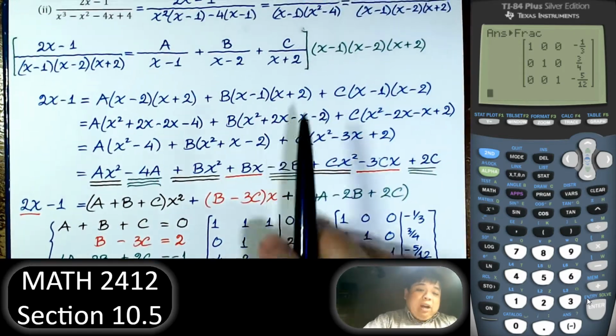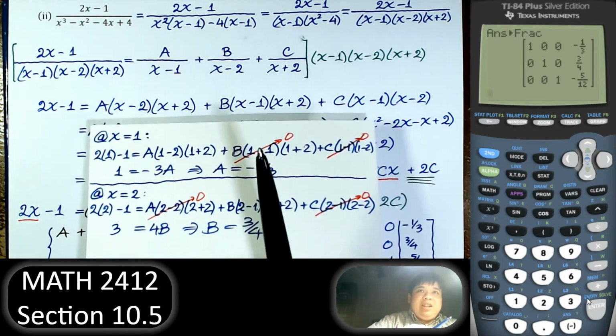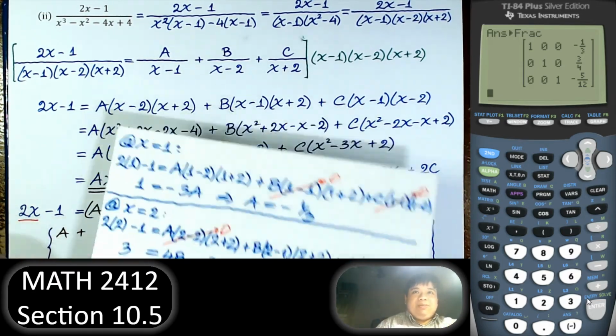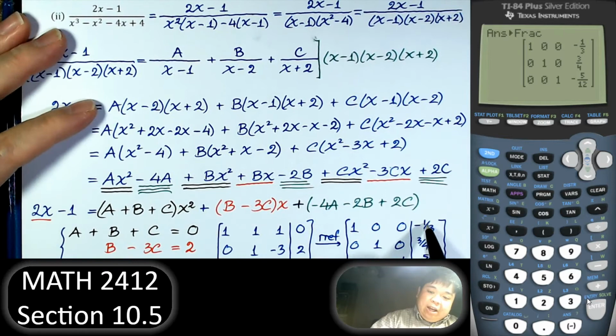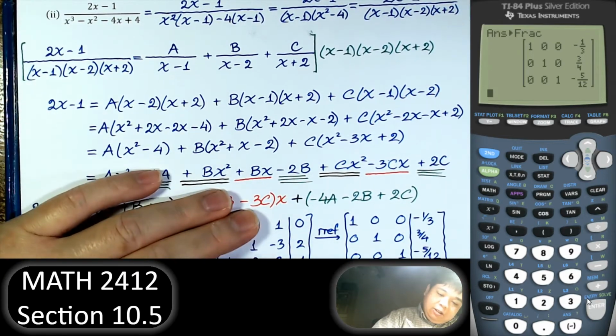So when we have linear factors, try something like this. It certainly works. Right, so we have a is that, b is that, and c is that.